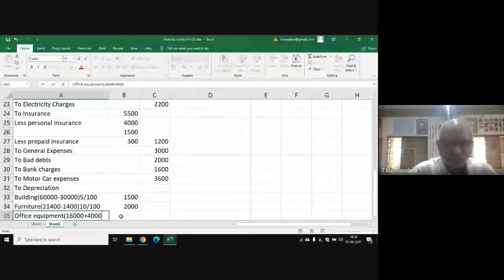So on this total value of 20,000 we have to calculate 15%. So the depreciation value is 3,000.